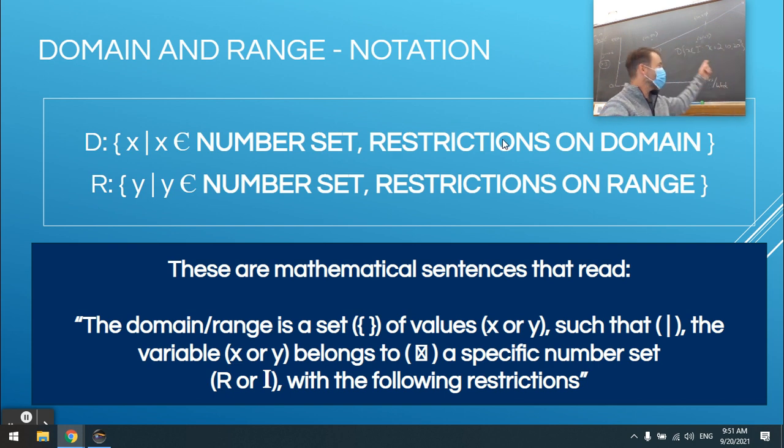You'll notice that I've used that notation over here where I've said x is of the integers, and x is equal to those three things. So there's the limitation on x. Now, this is the way we read it: the domain or range is a set of values of x such that x is of the, and then we're going to say the number set.